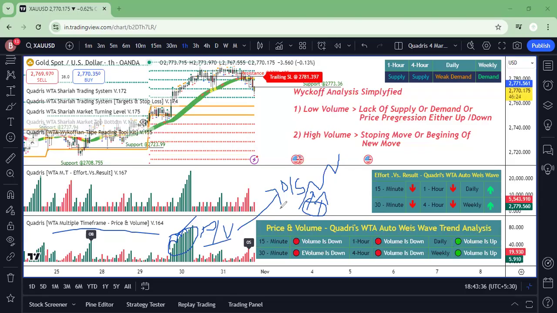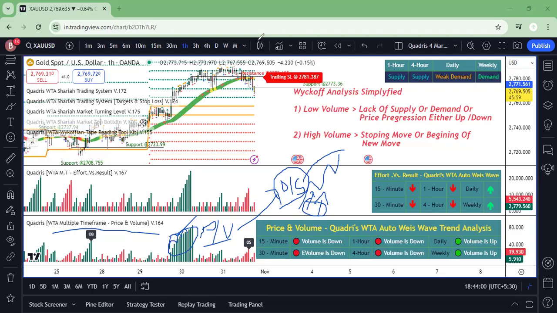His intention was to assess price in terms of volume and apply the Wyckoff principle to it, whether shortening of thrust, change of behavior, or a normal low volume pullback. That was the basic idea behind it.